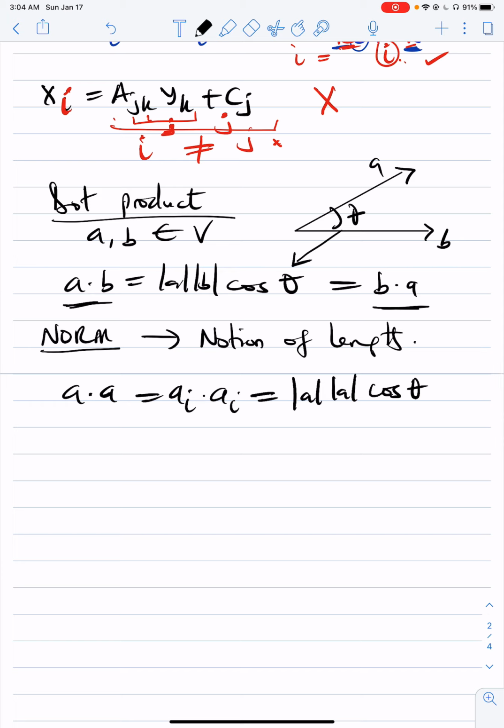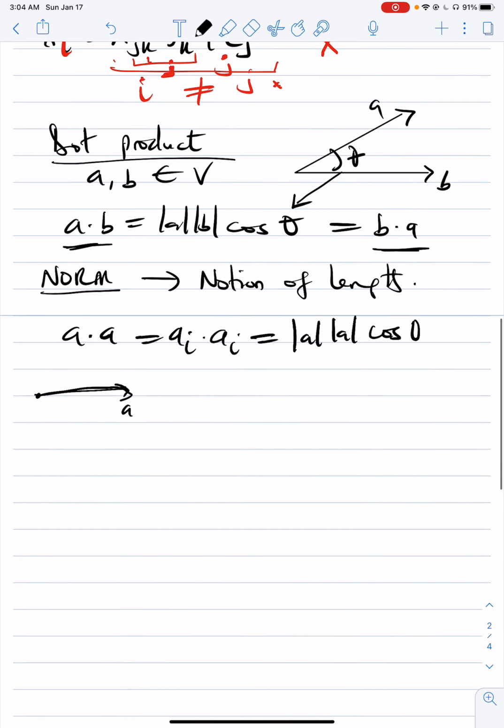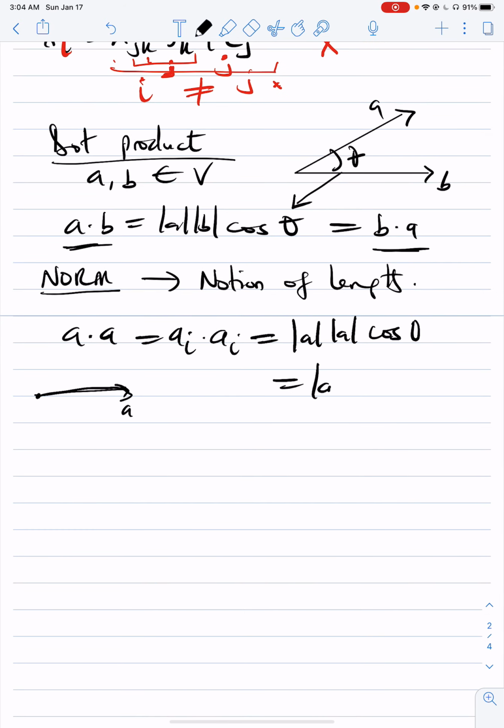Instead of cos theta, it's cos 0 because if here is a and a falls on itself, the angle between the two is 0. So if you express this out, it gives this. Makes sense, right? Then this should be a_i a_i.